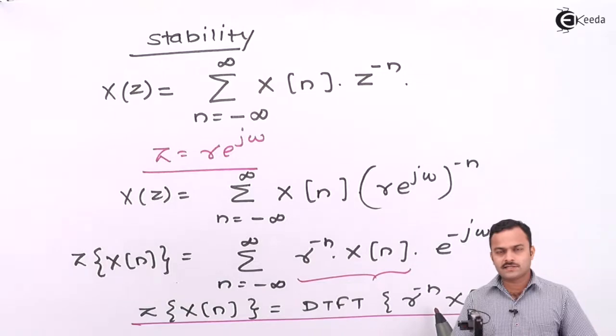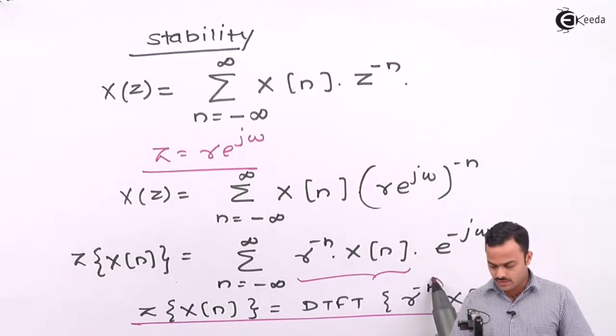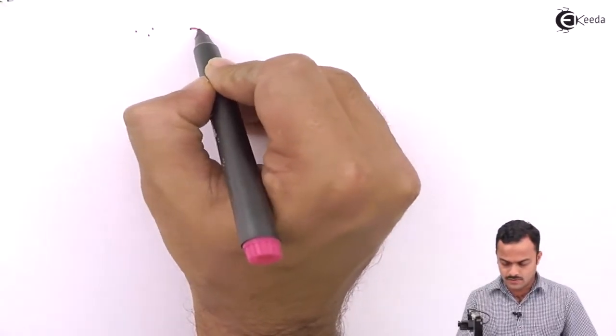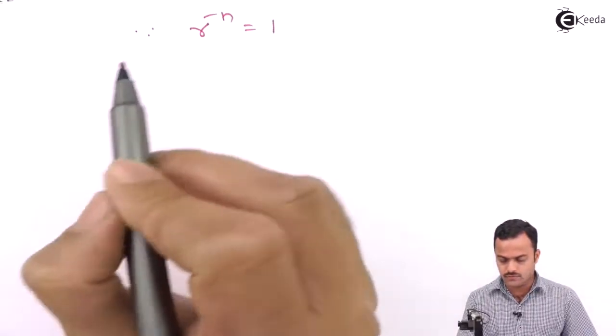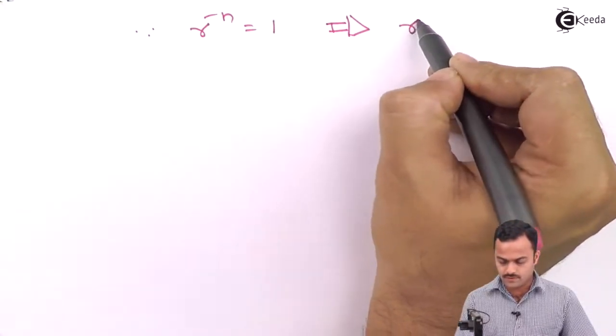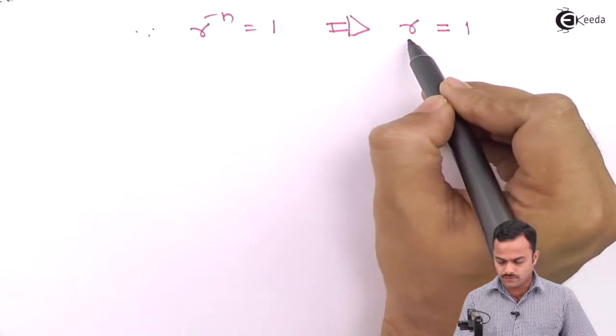Now suppose I want a signal to have a Z transform as well as a Fourier transform, then the response is summable and I can say the system will be stable. For that, I want these two to be equal, so I want r raised to minus n equal to 1, which is possible only if r equals 1.